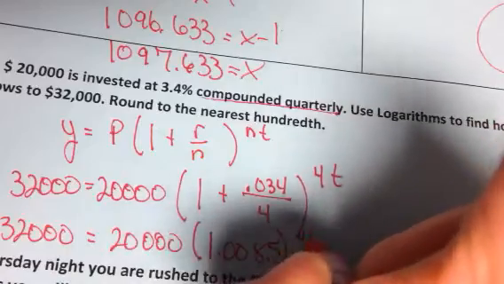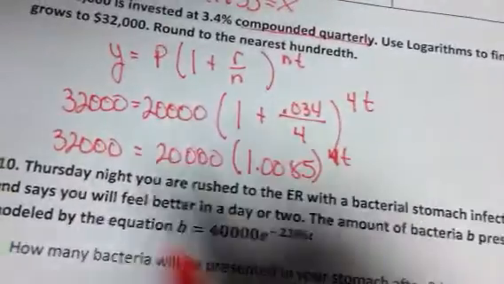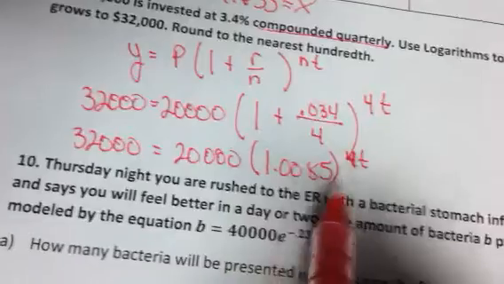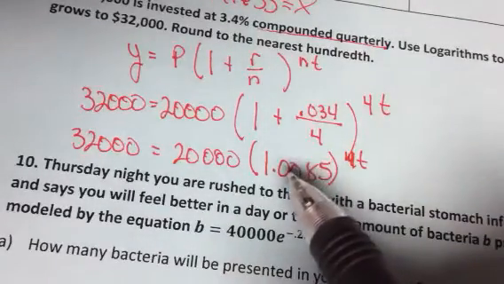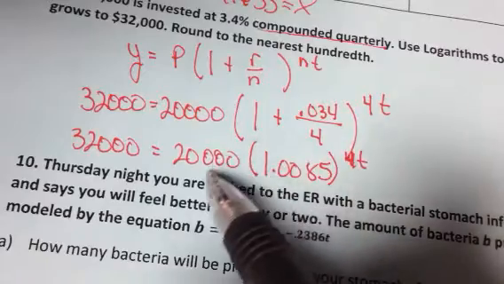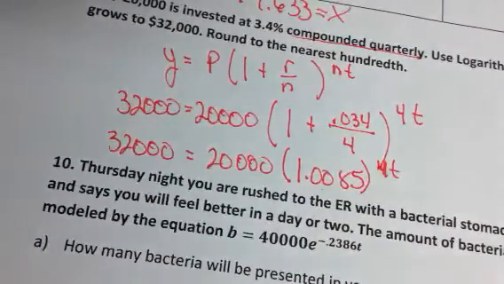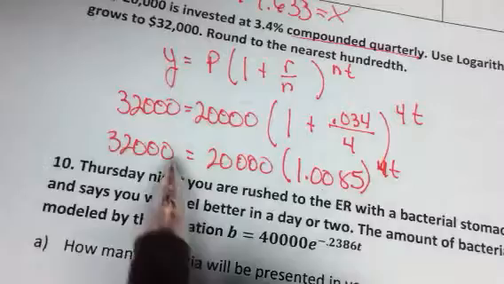All right, so if you look at this, this is what we just did. We have a constant, we have an exponent problem, we're going to be turning it into a log, but I can't turn it into a log until it's just the base and the exponent. So I'm going to divide this 20,000 over to the other side. So if you take 32,000 and divide it by 20,000, you get 1.6.